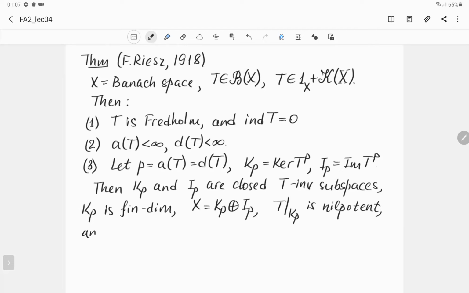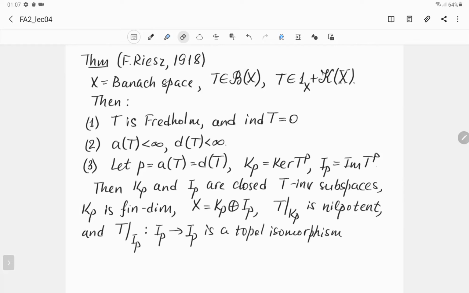And finally, T restricted to I_p is a topological isomorphism of I_p onto itself. Okay, so this is our theorem.